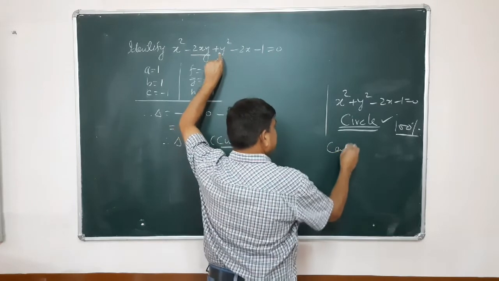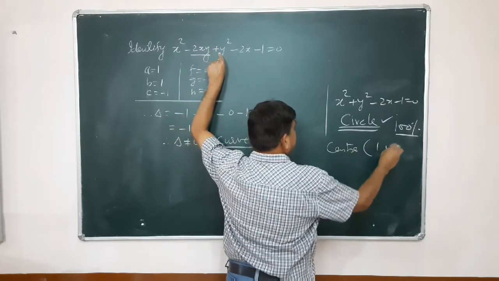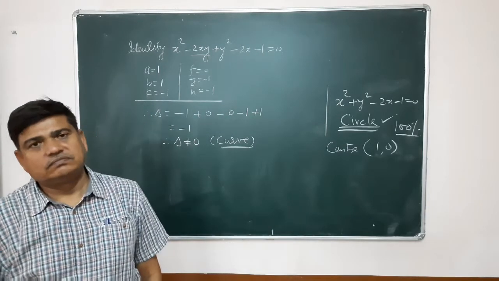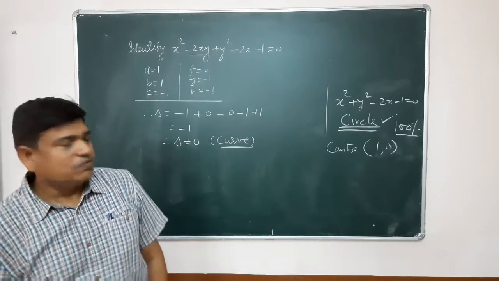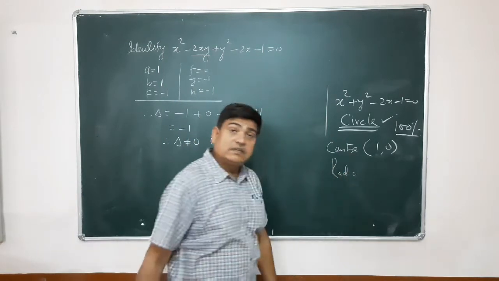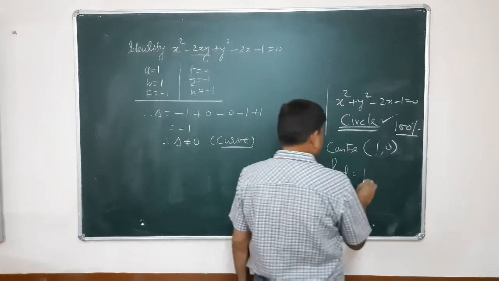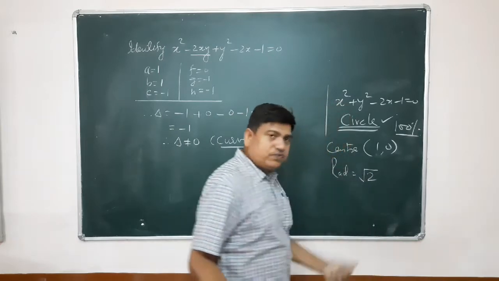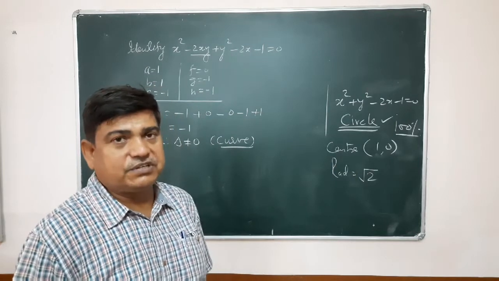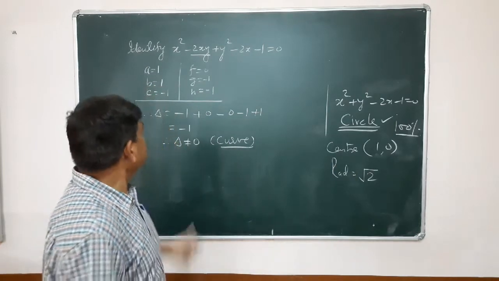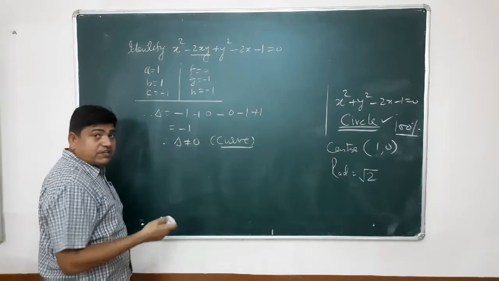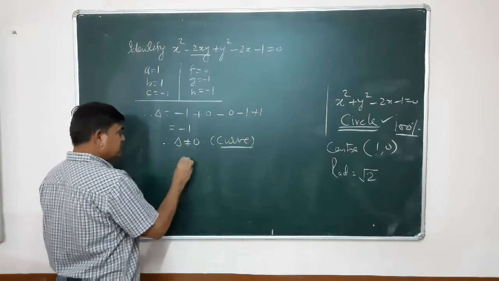What is the center? I will not repeat, I will write the answer straightforward. What is the radius? Root 2. You calculate yourself. Radius is root 2, center is 1,0. Okay, so delta is not equal to 0 curve. Which curve? Parabola, ellipse, or hyperbola? You calculate.